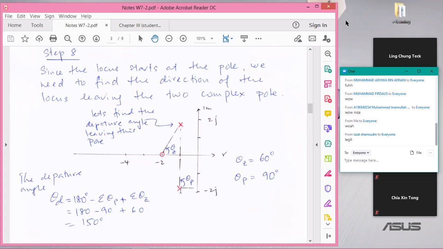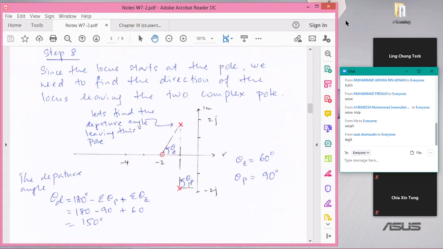You have one other pole, so this is theta P1 to the pole in question. So we are finding the angle from the other pole to the pole that we want to find the departure angle of. This is now our first theta P. We only have one theta P here, since we only have one other pole.